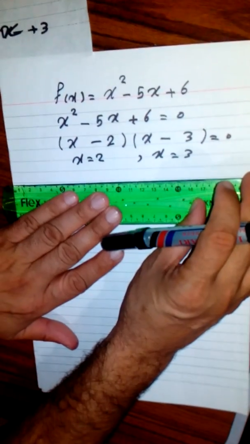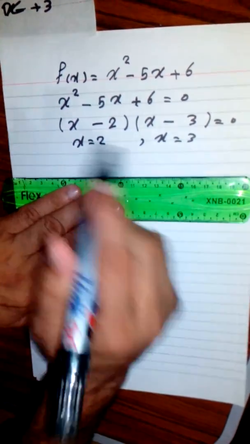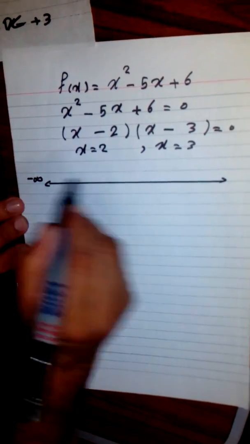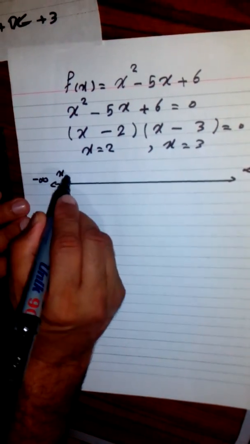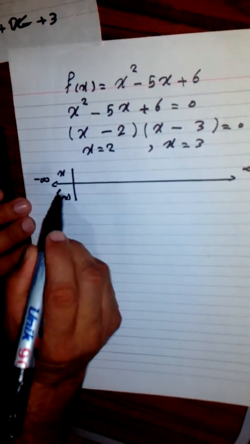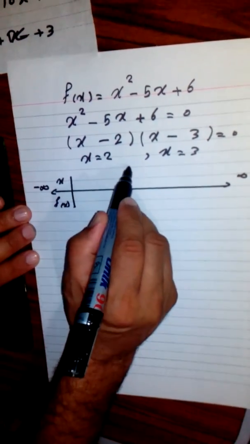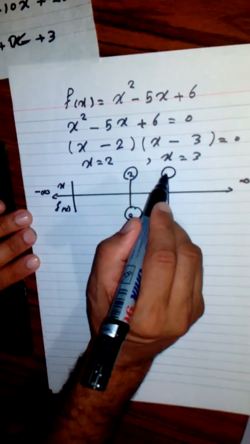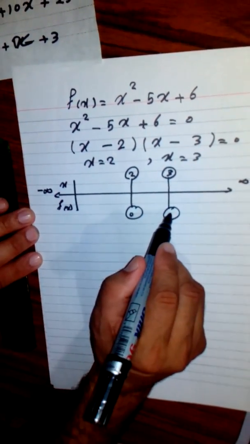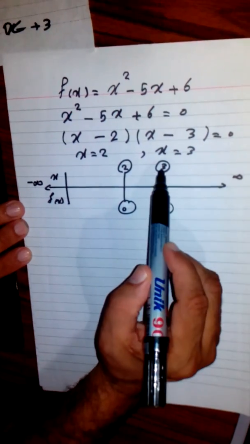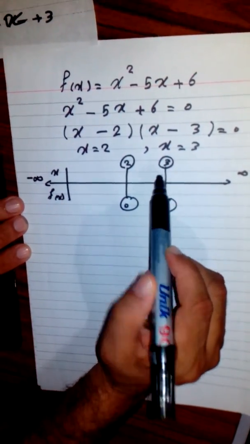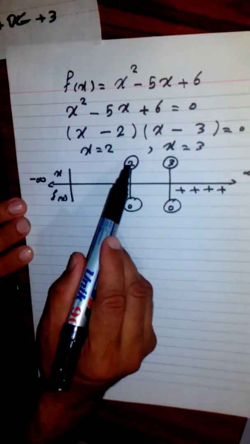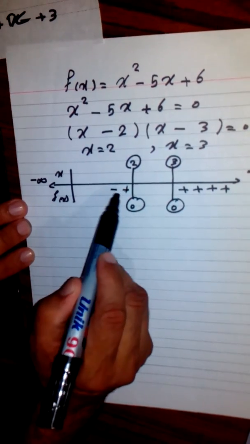We can draw the number line, negative infinity to infinity, x, f of x. If x equals 2, f of x equals 0. If x equals 3, f of x equals 0. If x is on the right of 3, then f of x is positive. If x is on the left of 2, then f of x is positive.